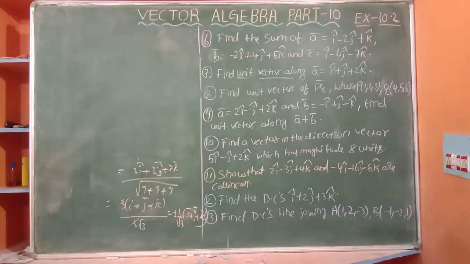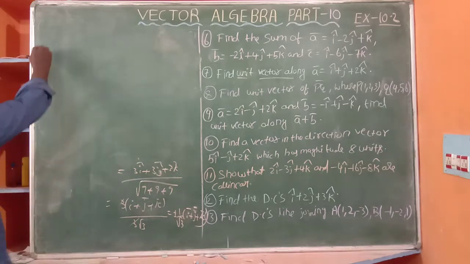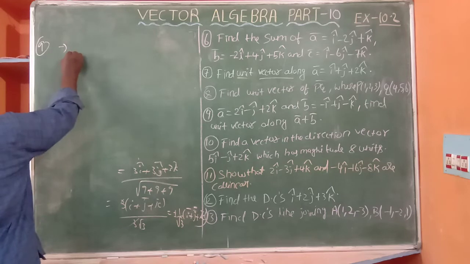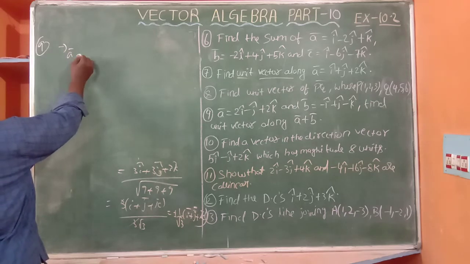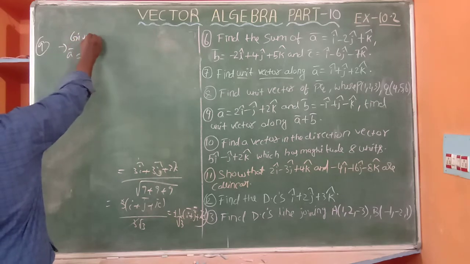Next, we saw another PQ bar. Next, ninth one. Observe me. A bar, B bar is given. Ninth. What is A bar? It is given vectors.